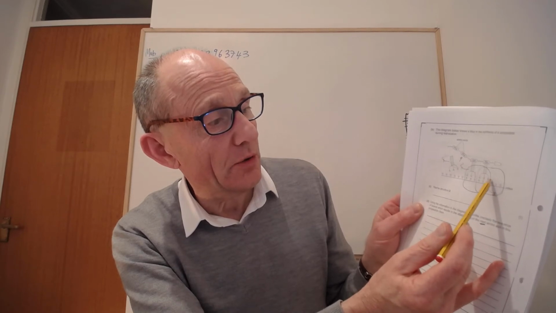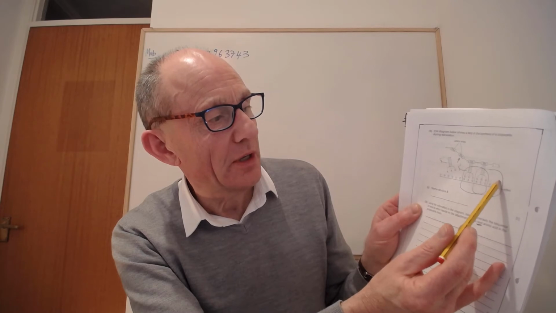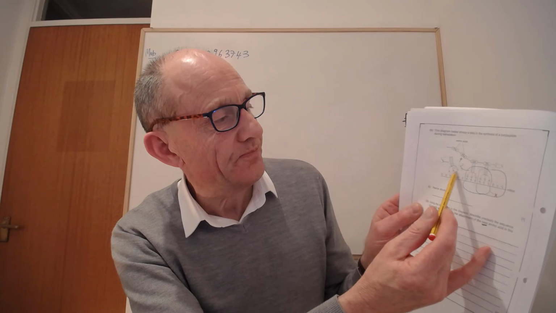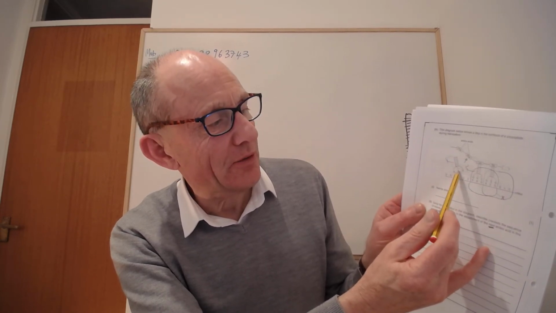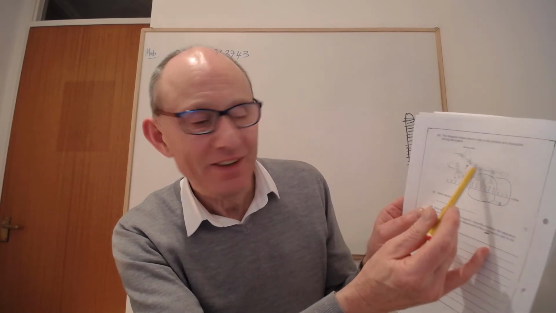The anticodon that matches UUC would be AAG, which would have been that one there, same as that one. So that's the anticodon that comes into position. That would have brought the amino acid phenylalanine in there as well.